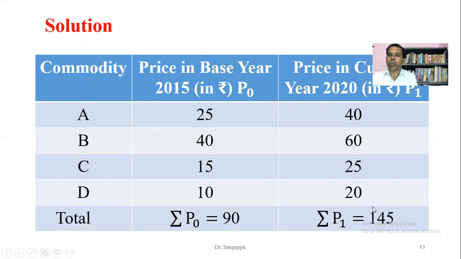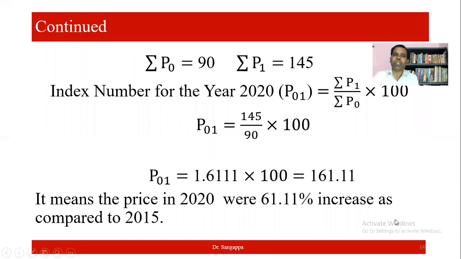So this 145 is the sum of the prices of all the commodities in the current year, 2020.